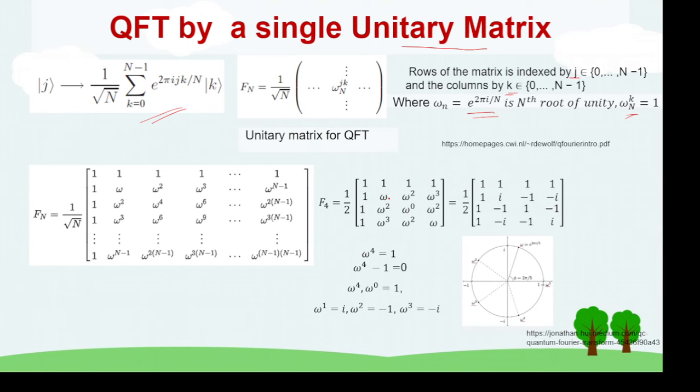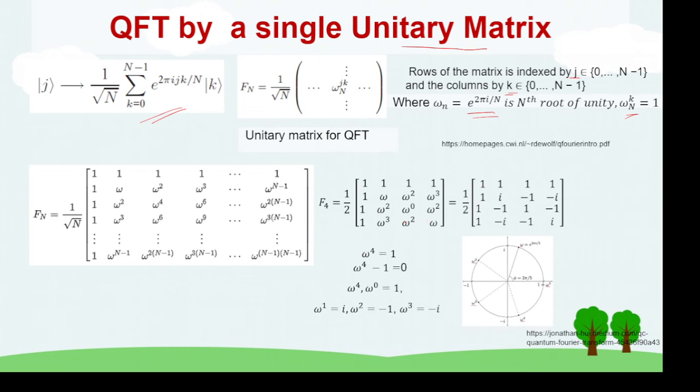Afterwards, the second row is easy: omega, omega square, omega cube. In the third row you should be careful, because we have 4. I have written it as 0 because for 4 and above, we need to take mod 4. For example, 6 mod 4 is 2, that's why I put 2 here. Similarly, this should have been omega to the power of 9. Instead, I put omega to the power of 9 mod 4, which is 1.